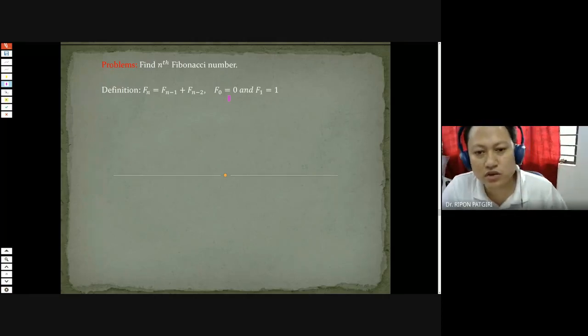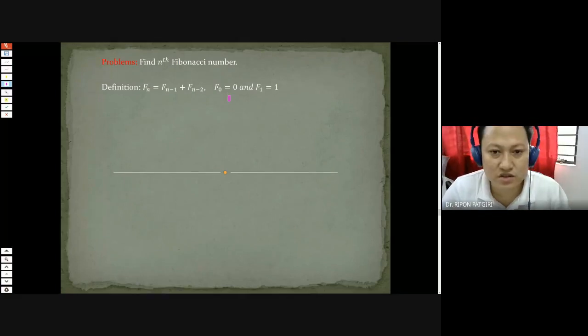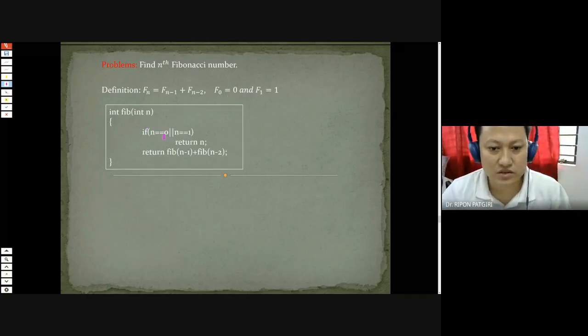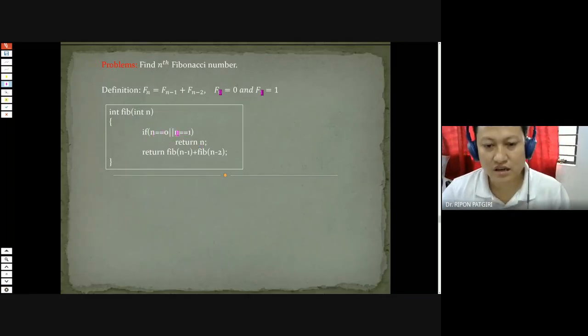So how are you going to convert this mathematical definition into a programming language? This is the simple solution. Here, n is equal to 0 or n is equal to 1, then return n. If n is 0, it will return 0. Otherwise, if n is 1, it will return 1.